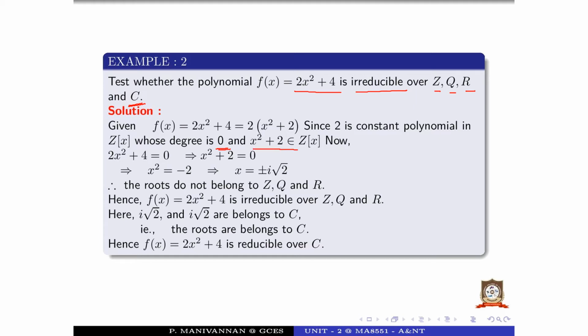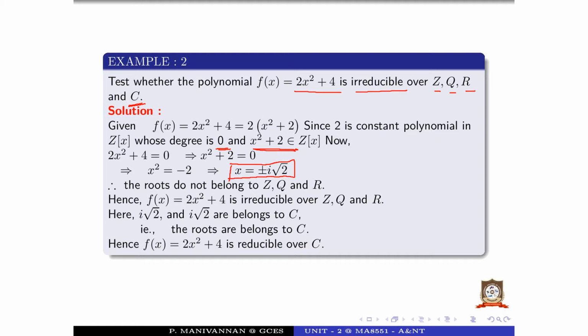Now x squared plus 2 belongs to Z[x]. Now 2x squared plus 4 equal to 0 implies x squared plus 2 equal to 0, which implies x squared equal to minus 2, which implies x equal to plus or minus i into root 2.